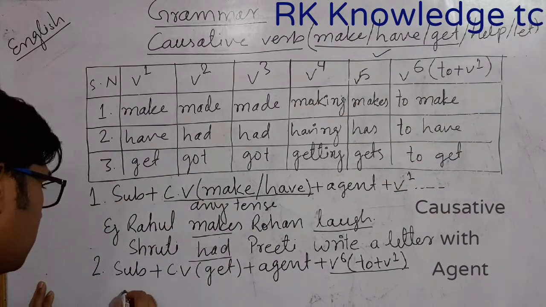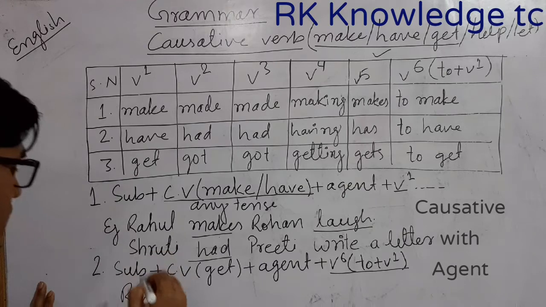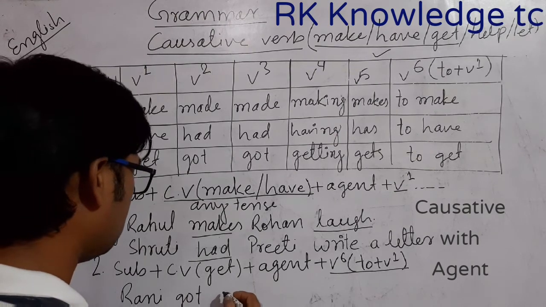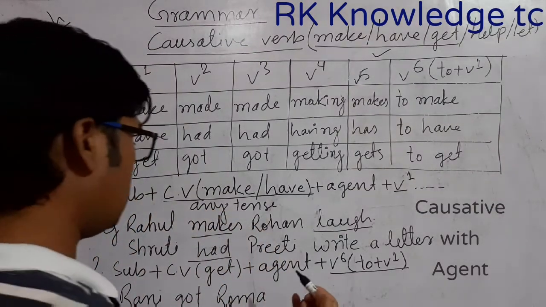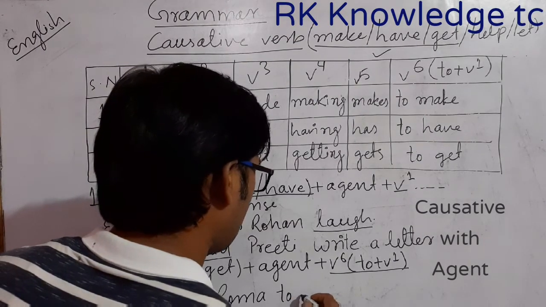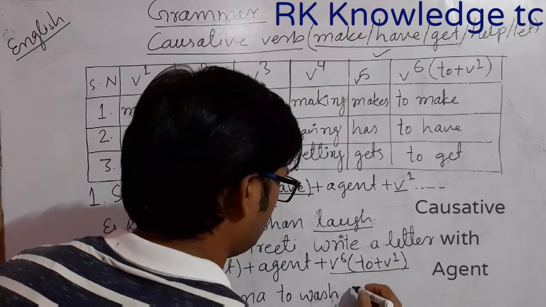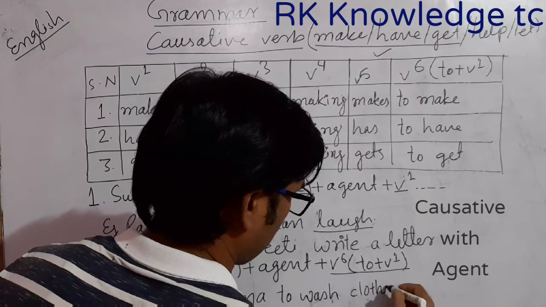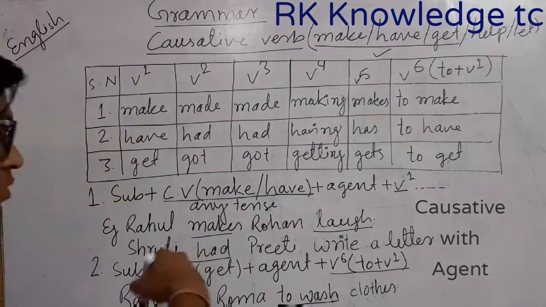See, Rani got Roma to wash clothes. To plus verb 1, or verb 6, when get is used with the agent.